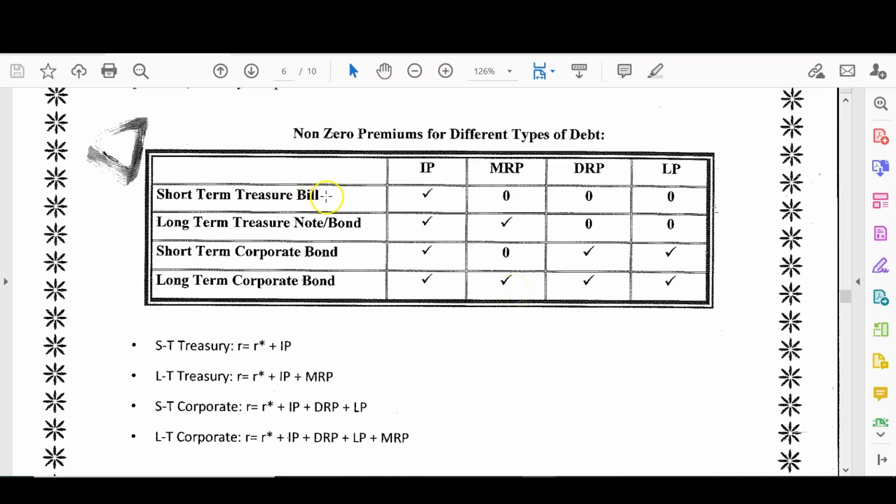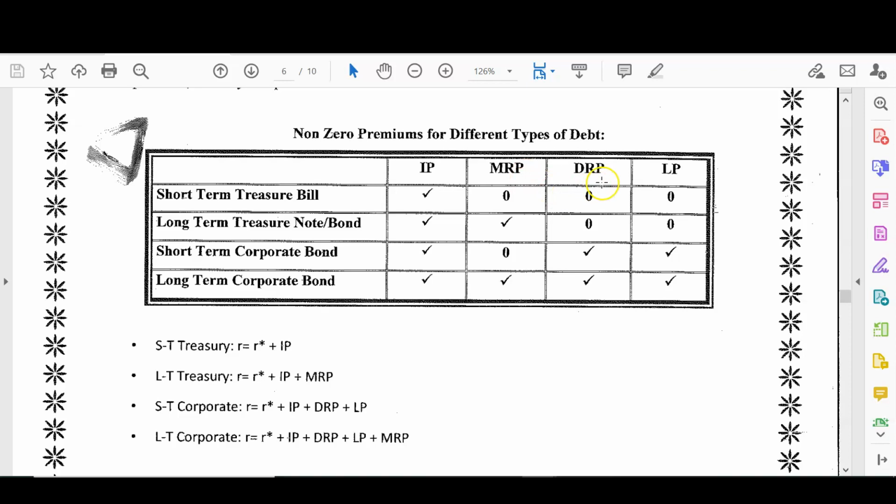But for short-term treasury bond or short-term corporate bond, we say it does not have maturity risk premium. Usually we consider bonds within 1 year as short-term, and we assume that maturity risk premium for bonds within 1 year is 0.